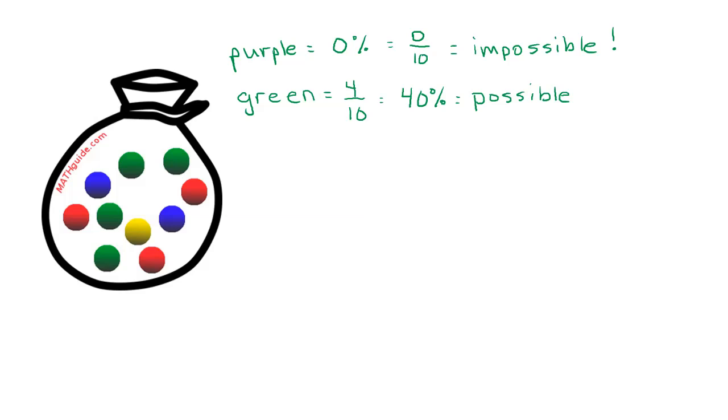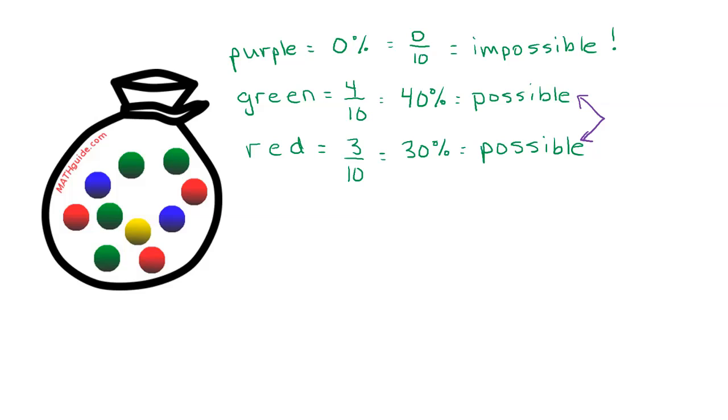Red, you can count the red ones quick, and you'll see there's only 3 of them, and that equals 30%. So it's also possible. But of those two options, which one is more likely?